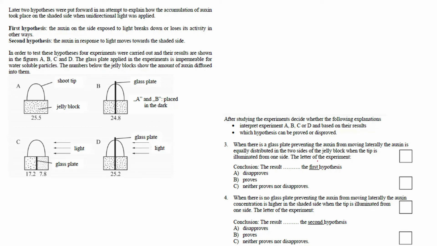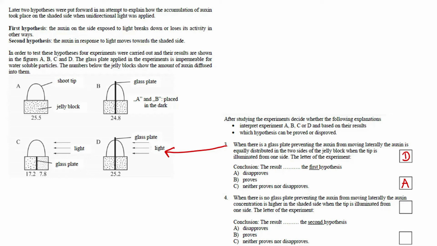The letter of the experiment can be figured out easily, so basically we just have to observe these images, and this third exercise is describing D, so that's going to be the letter of the experiment. Conclusion: the result disproves, proves, or neither proves nor disproves the first hypothesis, which is that the auxin on the side exposed to light breaks down or loses its activity. And actually this experiment disproves this statement, so A will come here.